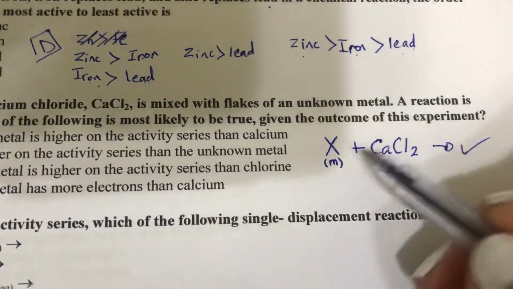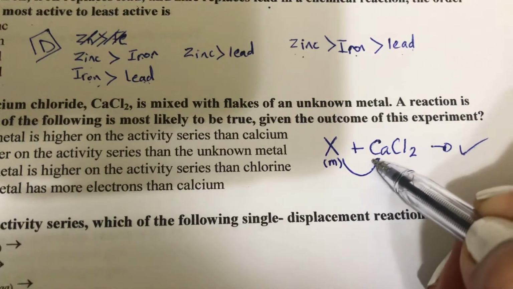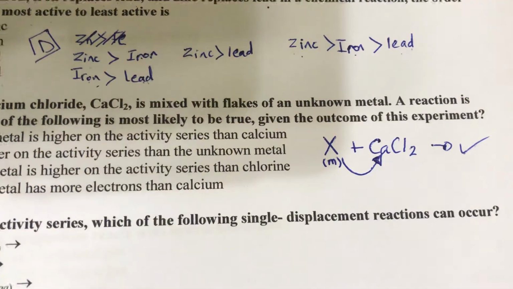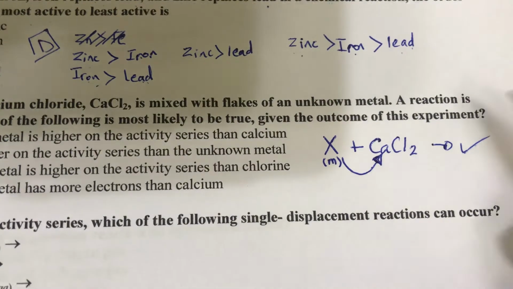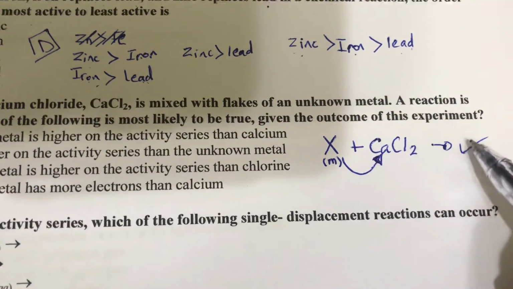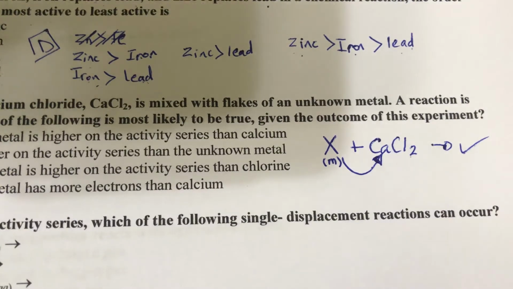This means that X replaces calcium in an ionic solution, then the products are the unknown metal with chloride, and calcium.